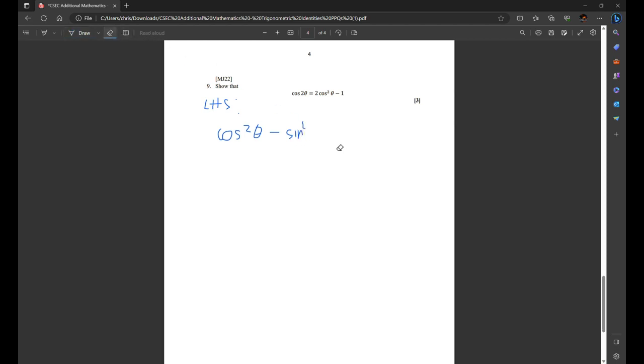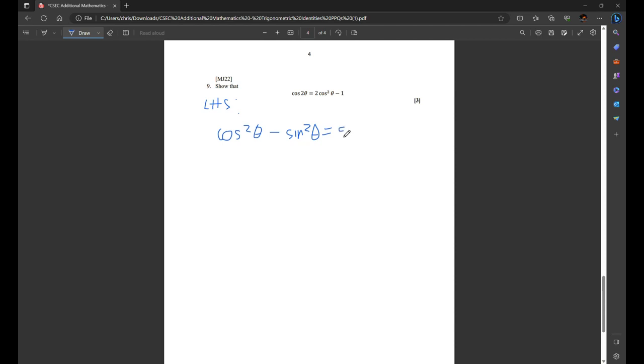Oops, that's not a 2. So yeah, we have that. This is our base identity for cos 2 theta, and I'm going to prove the one that they want us to use very quickly. The way I'm going to do that is by turning this sine squared theta into 1 minus cos squared theta, again using our Pythagorean identity.